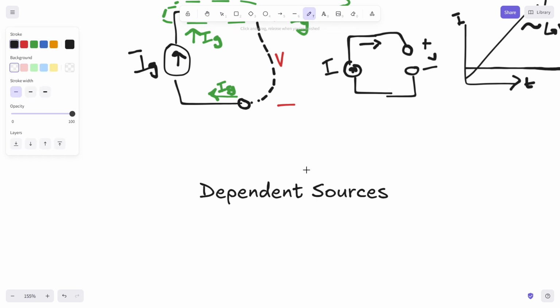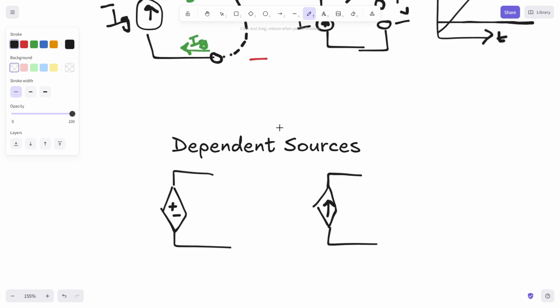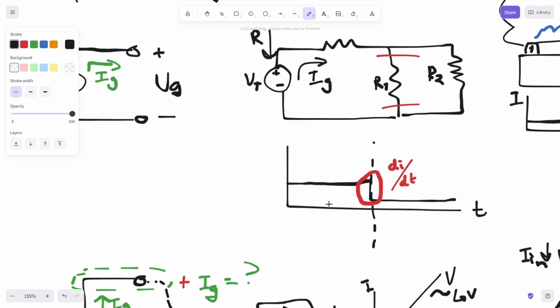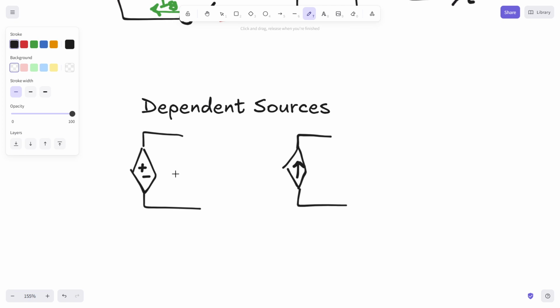So a dependent source is generally drawn with a diamond and then just a positive, negative terminal for our voltage. It's also drawn with a diamond and then just an arrow for current. They behave almost identically to our discussion above about infinite currents and infinite voltages, with one small caveat.